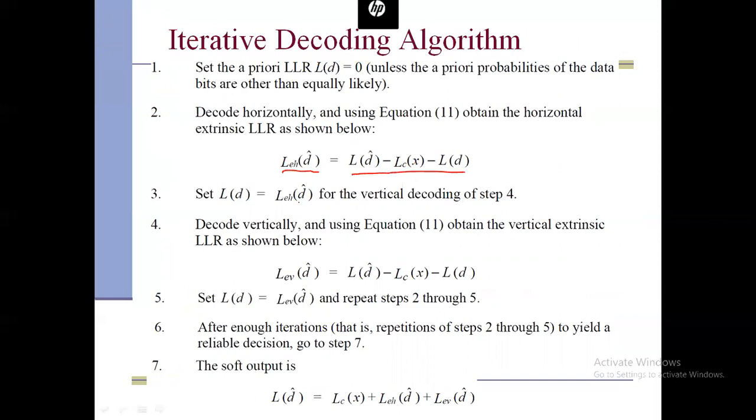Next, there is a rule that we have this horizontal extrinsic ratio for the vertical decoding, for the vertical decoding in step 4.